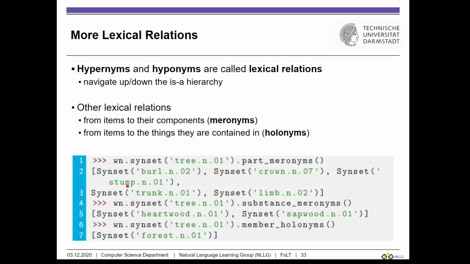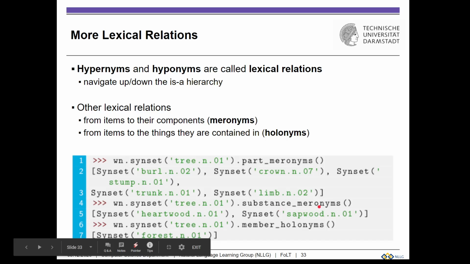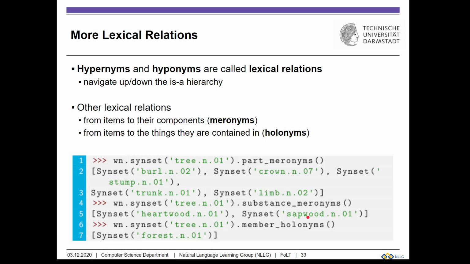They all are parts of a tree. Also trunk and limb. We can also find further meronyms that WordNet classifies as substance meronyms, and we would find hardwood, sapwood, because they are also part of the tree, but they are more like substantial parts of the tree.